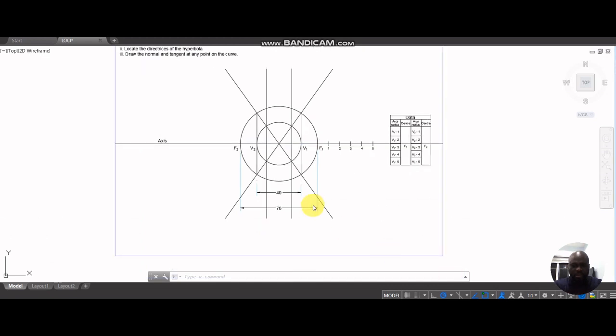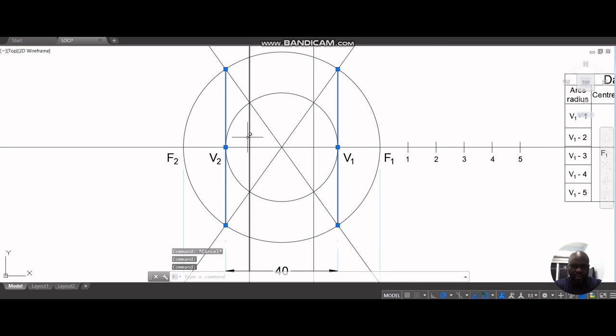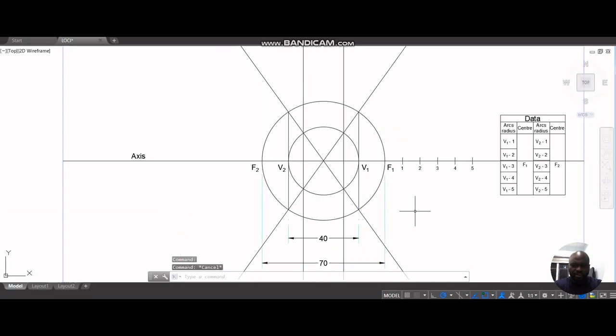I've trimmed it off. These two lines emanating from the small circle, through the intercept of the two asymptotes, give the directrices. To locate the asymptotes, we erected vertical lines from the vertices to touch the circle enclosing the foci.